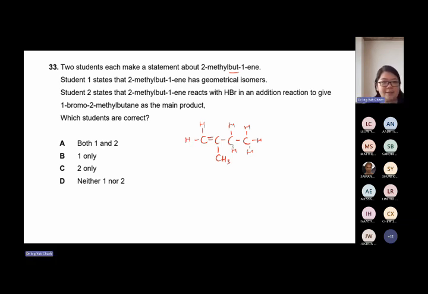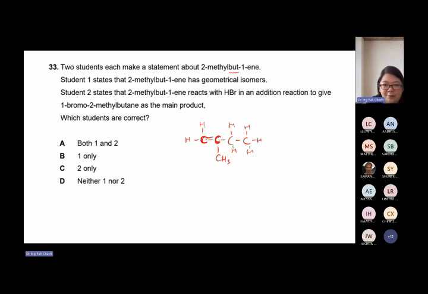Student 1 states that 2-methyl-but-1-ene has geometrical isomers. So focus on the 2 carbons sharing a double bond. Each of them must be bonded to 2 different groups of atoms; only then does it have a geometrical, cis-trans isomer, right?